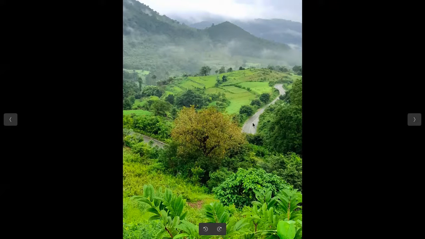So I will ask whether this particular spot, a single point, is overexposed, underexposed, or properly exposed. Depending upon that answer, I will decide whether the entire image is properly exposed, underexposed, or overexposed.